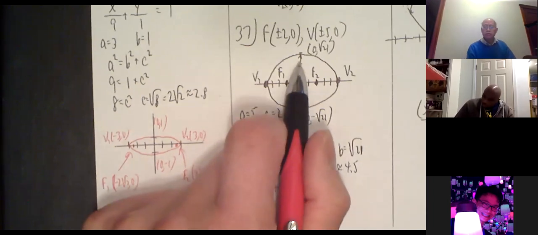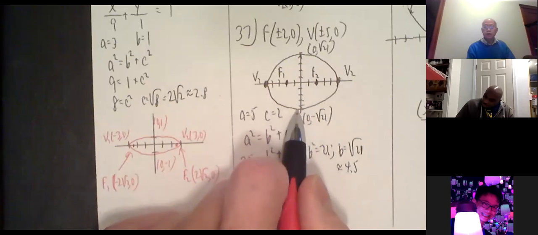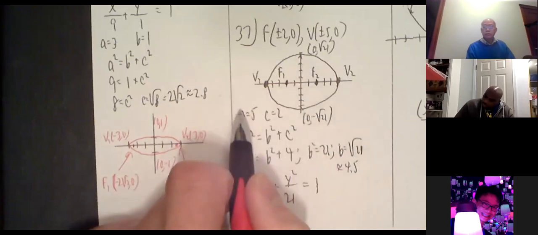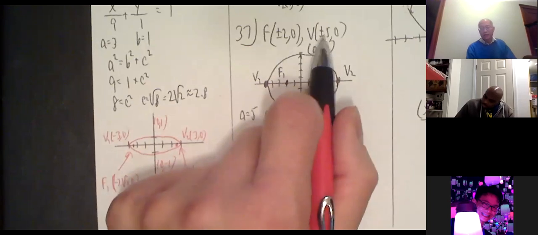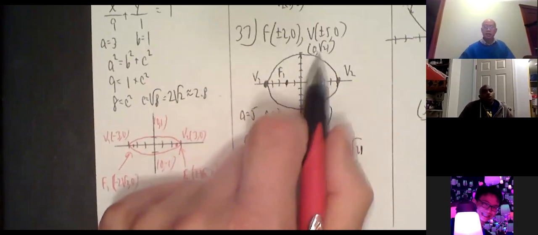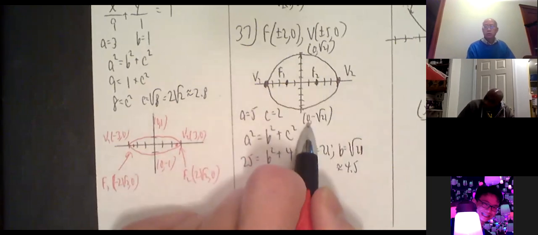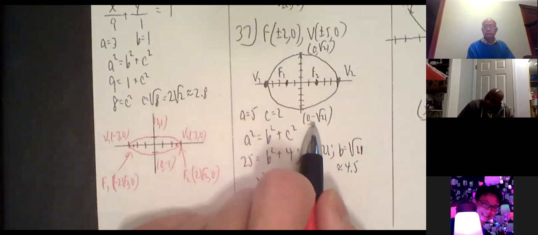So 1, 2, 3, 4.5 up, and 1, 2, 3, 4.5 down. I'm not labeling the vertices or the foci because they already gave them to me. I'm only labeling these because they didn't give them to me. So that's (0, radical 21), (0, negative radical 21).